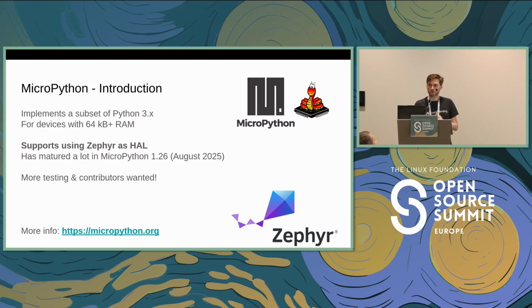If you're interested in Python or scripting, and the benefits of interactive or rapid prototyping, it can also be useful outside of machine learning, so this is something I think you should check out. It has existed for around 10 years now, so MicroPython in general is a very mature solution. MicroPython and Zephyr together is not, at the moment, super mature. Maybe someone wants to contribute or help test, but it's rapidly developing now.